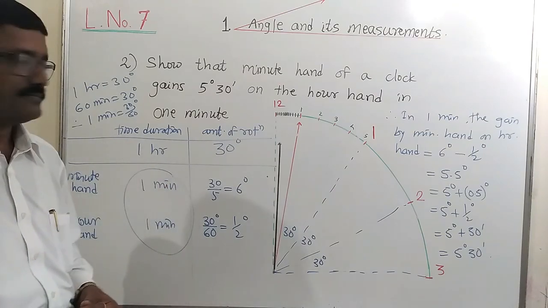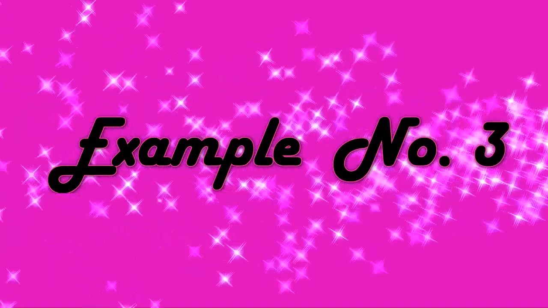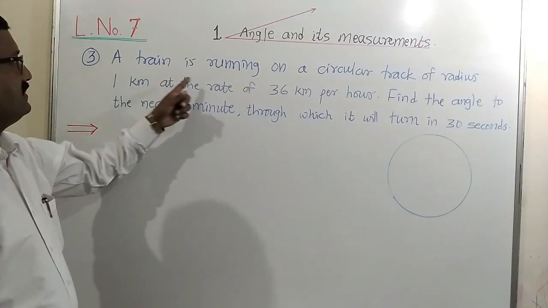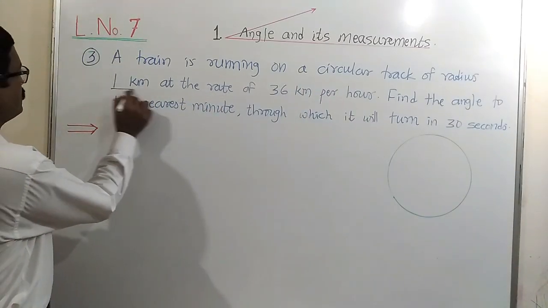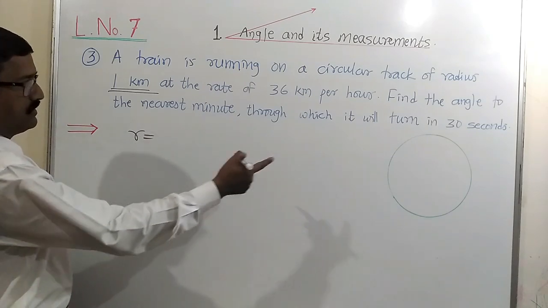Okay, now let us see this third one. A train is running on a circular track of radius 1 kilometer. Here, this 1 kilometer is given as the radius of the circular track.